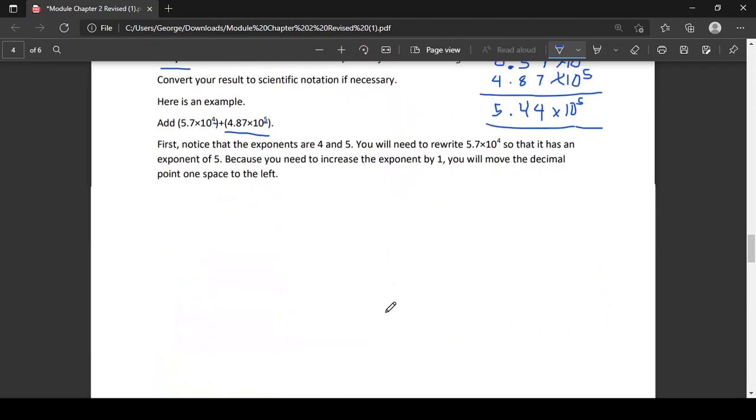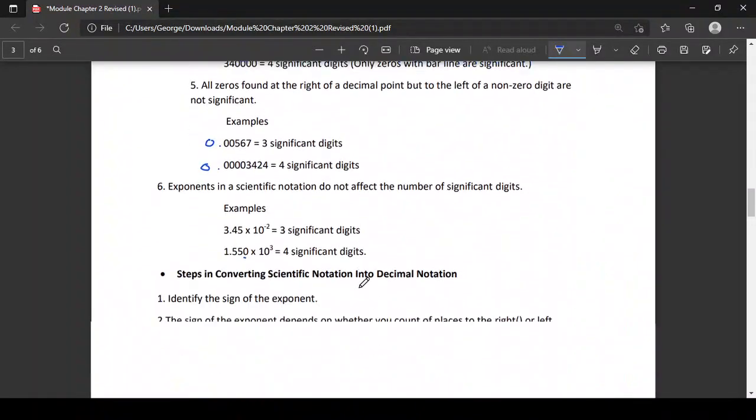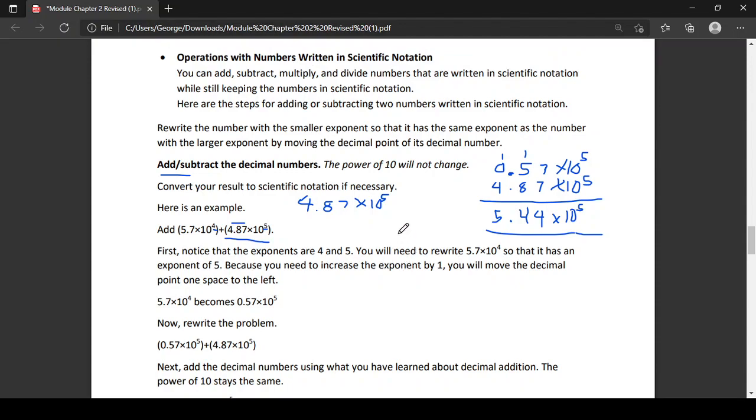So, kids, what if I adjust the 4.87 instead? Check if it is the same as 4.87. I adjust 4.87 times 10 raised to the power of 5, so that it is times 10 raised to the power of 4. Do I move left to right or right to left?